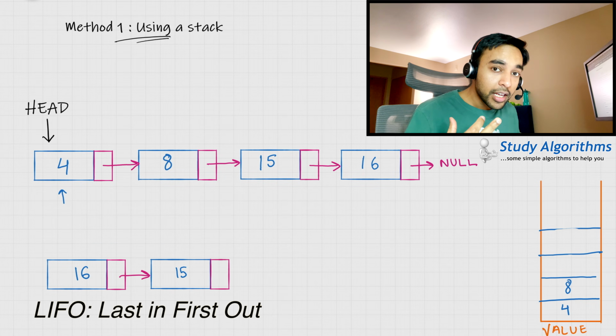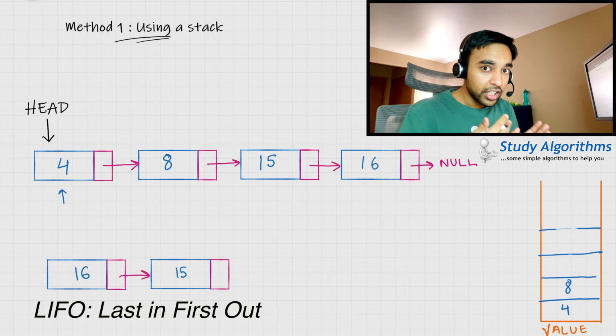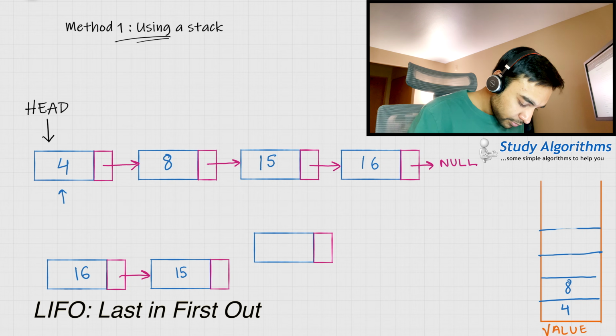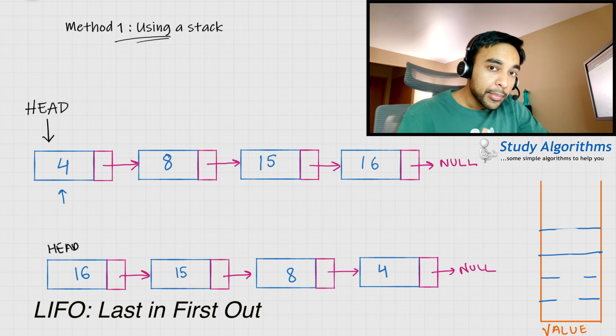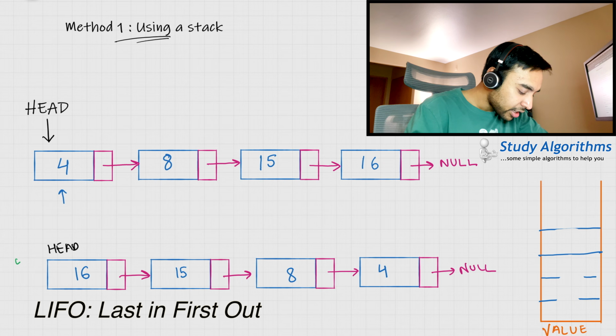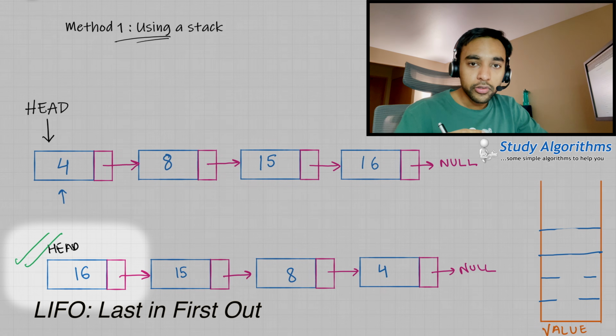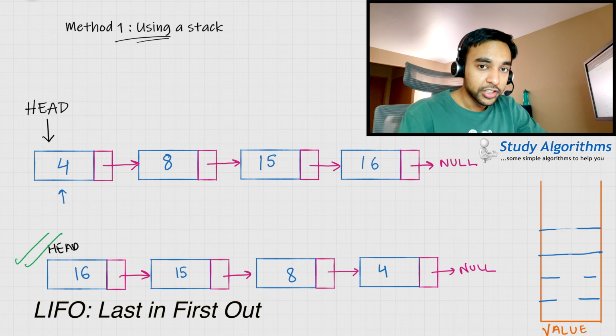So you see, I am now making a new list which is in the reverse order. If I repeat this process 2 more times, I will ultimately get my new list which is in a reverse order. And you can simply return your new head. If you iterate over it, you will get the elements in a reverse order.